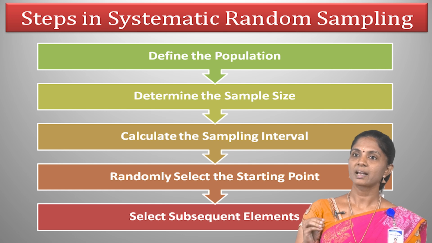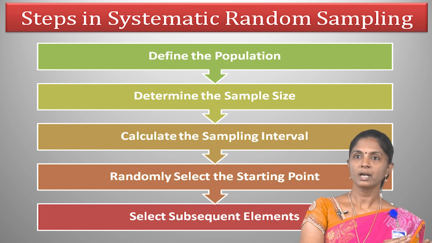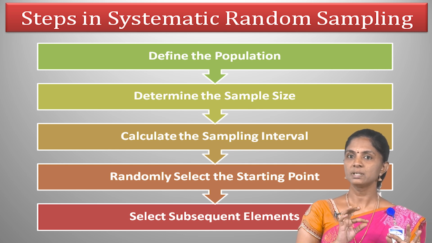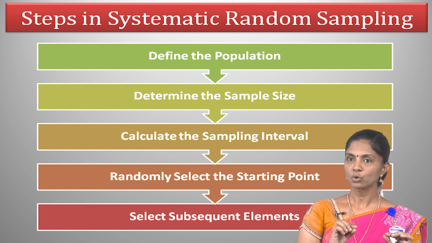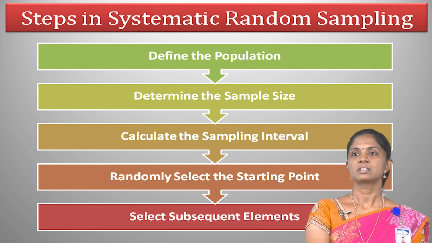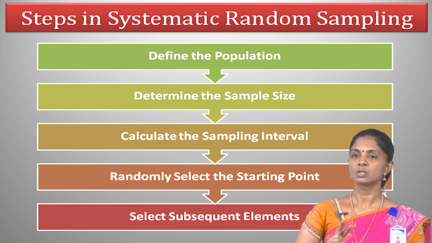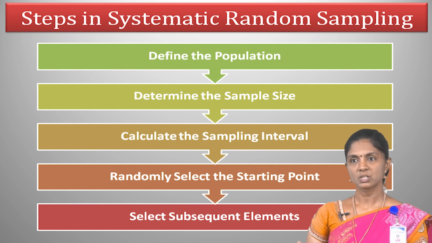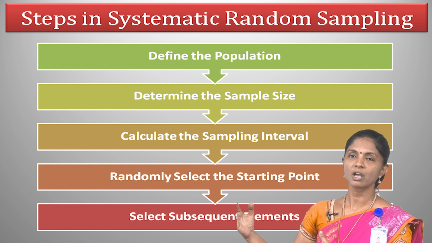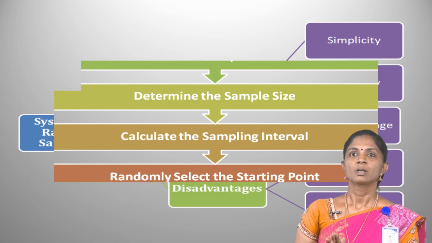The researcher randomly selects a starting point between 1 and 10, say 7. The sample would then include employees at position 7, then 7 plus 10 is 17, 17 plus 10 is 27, 27 plus 10 is 37, and so on up to 997. So, in this way you have to select the sample.